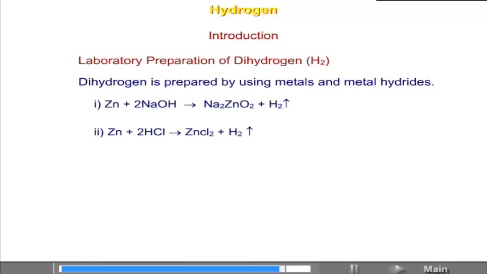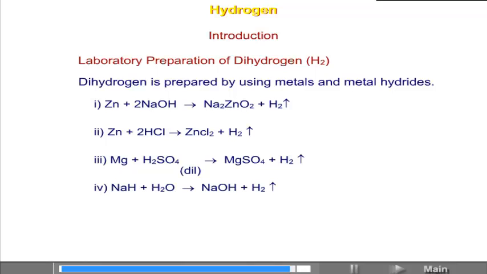Second method, zinc plus 2 HCl gives ZnCl2, that is zinc chloride, plus hydrogen gas evolves. Third method is magnesium plus dilute H2SO4 gives magnesium sulfate and hydrogen gas evolves.